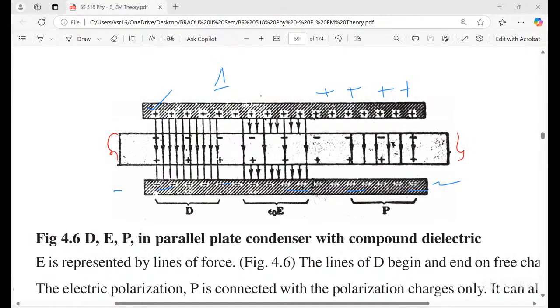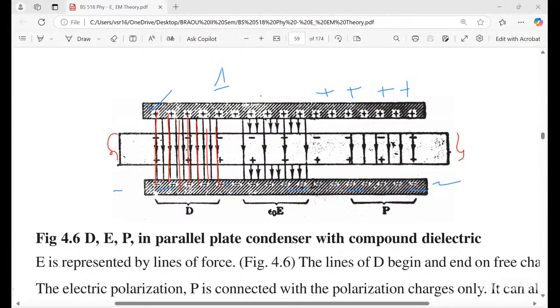Okay. Whenever there is a positive and negative, definitely the line of force or the potential difference will be there between them. But you have introduced a dielectric slab between the plates of the capacitor.